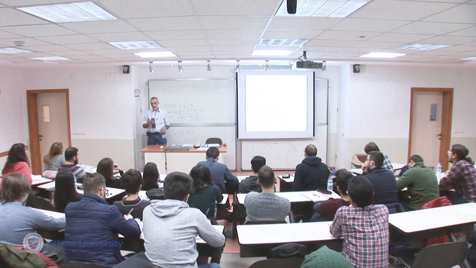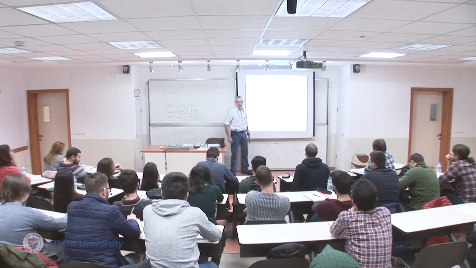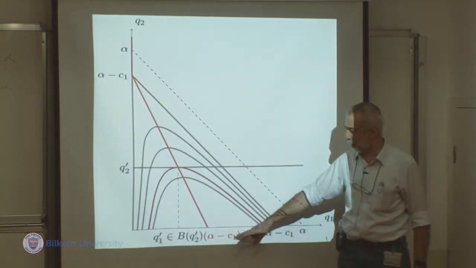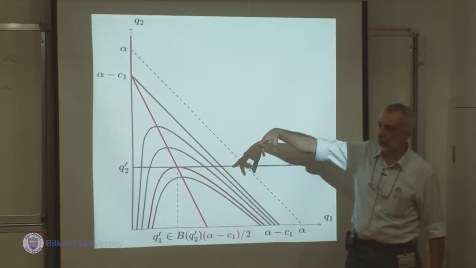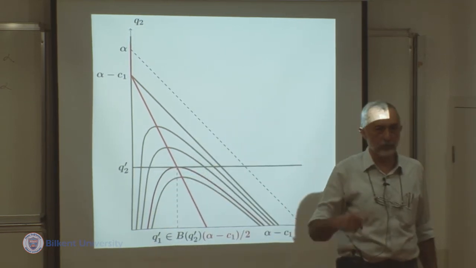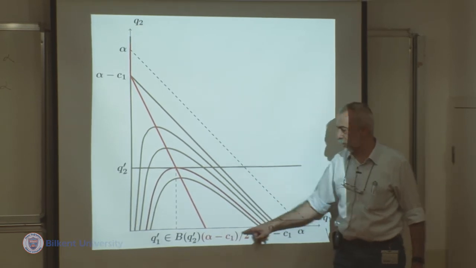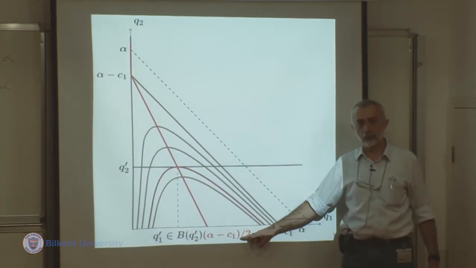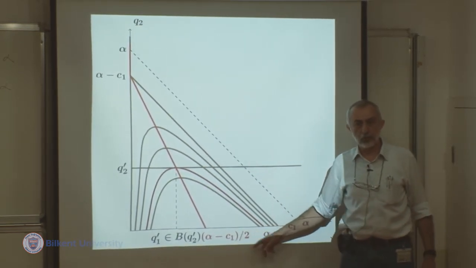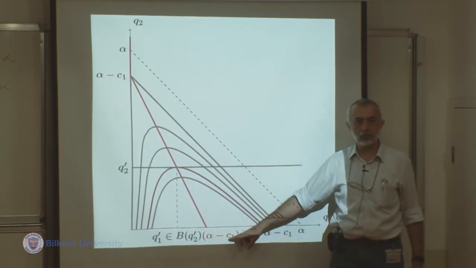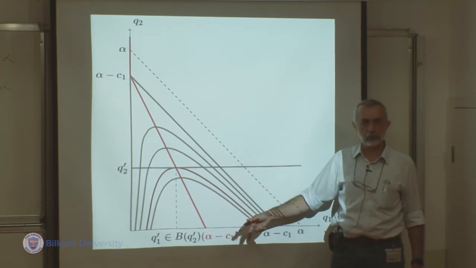Can we do the same thing here? Dominated, so any strategy greater than alpha minus C1 over 2. In the original problem we started with, we took C1 equal to C2. So any strategy greater than alpha minus C1 over 2 is strictly dominated by alpha minus C1 over 2. How do you see that from this picture?